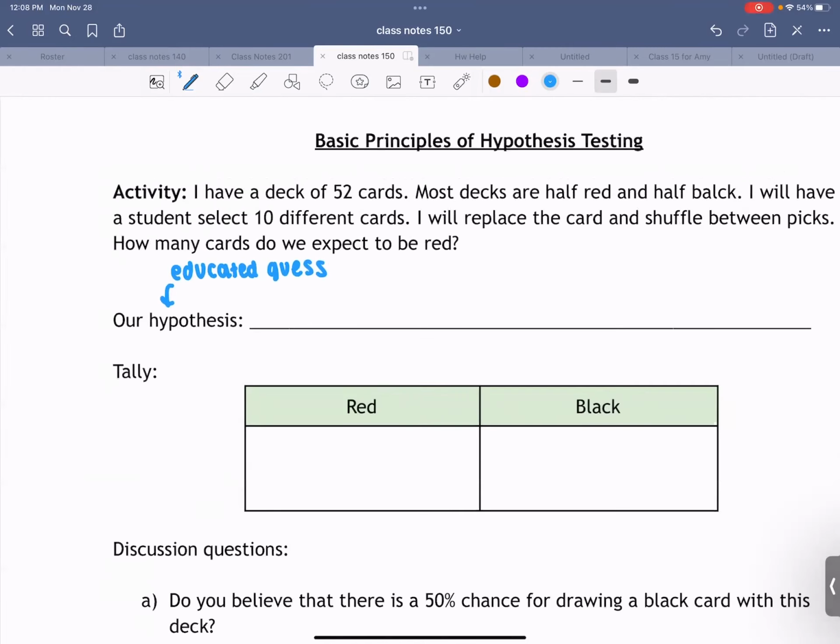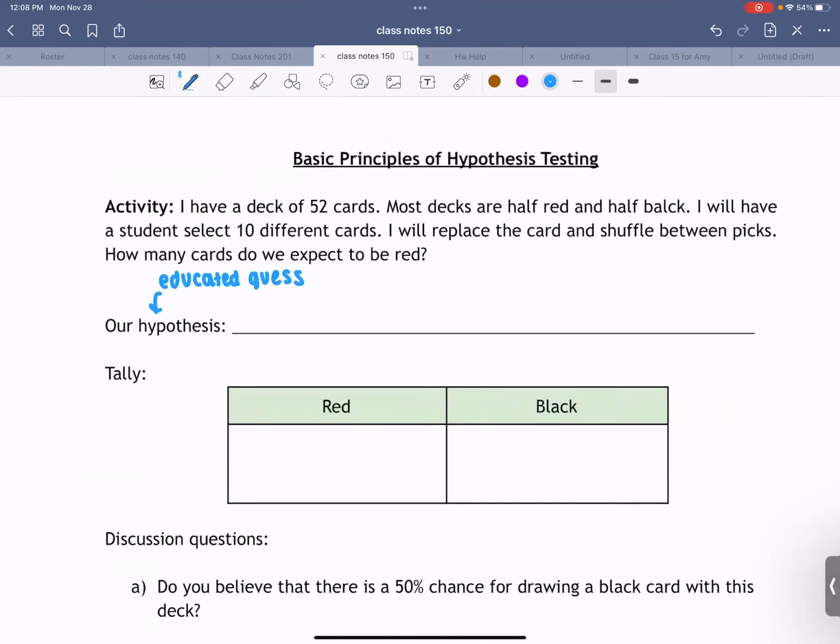What we're trying to guess is, whenever you shuffle a deck and pick 10 cards, what do you think is the mean number of red cards? Remember, another way to say mean in general is mu, right? If I pick 10 cards, how many do you think are going to be red? 5, right? Because there's half red cards, half black cards.